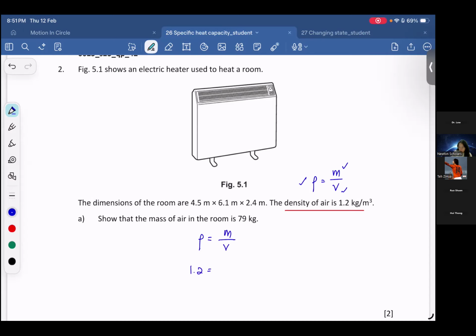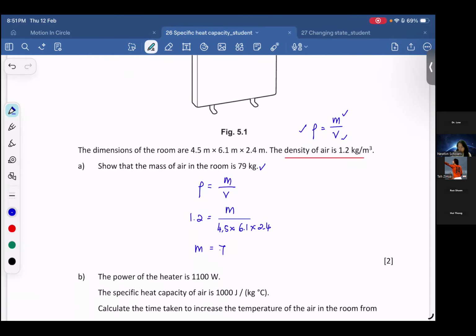Density is 1.2, the mass is unknown because we want to prove it, so we need to make m the unknown. Volume of the room is 4.5 times 6.1 times 2.4. Nothing difficult. So 79 kg. Okay, we proved it. So this should be fine using the formula of density.